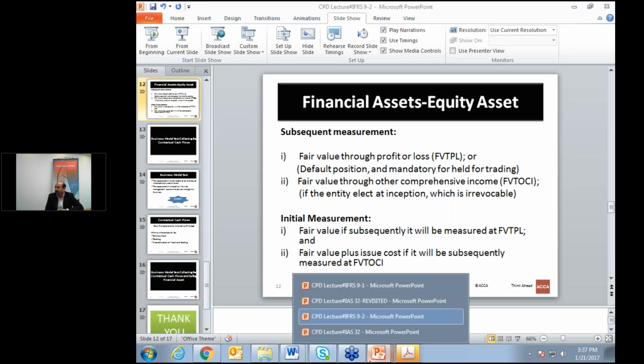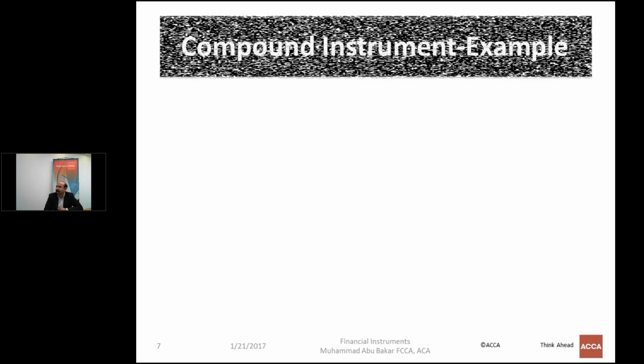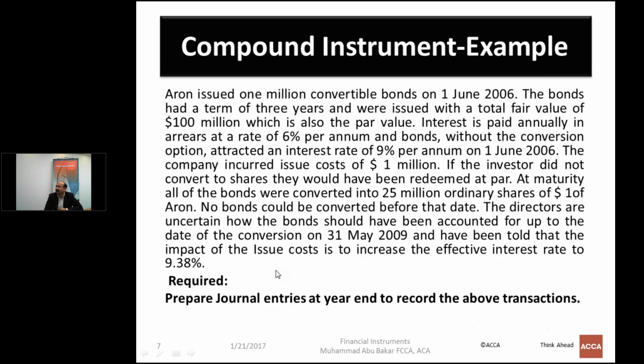And for that pop-up question, I shall be using these slides, IAS 32 revisited. So first of all, I will read it for you, and then I'll be making a couple of pop-up questions from this compound instrument.